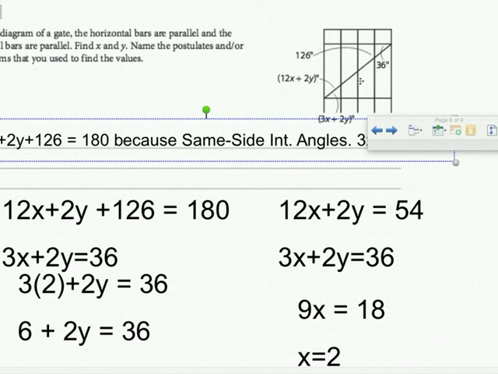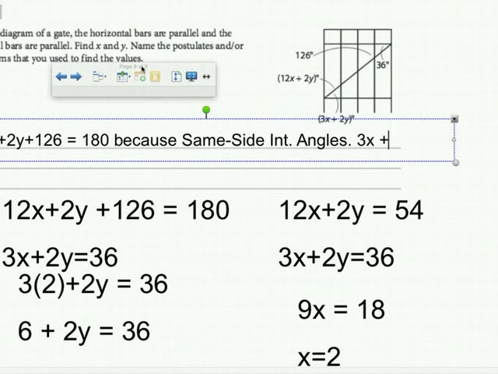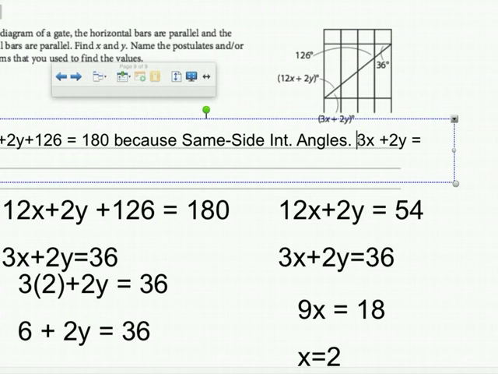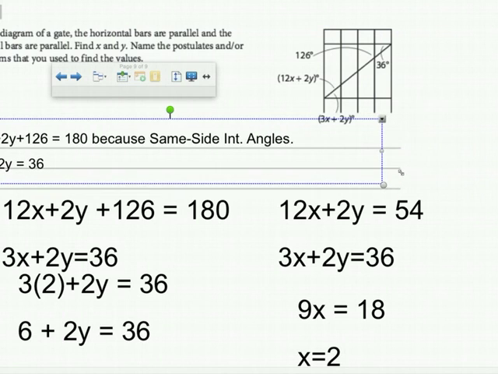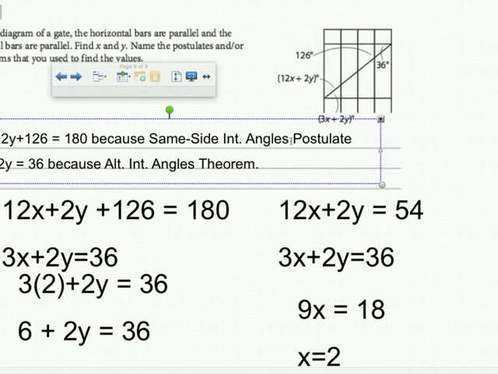We knew that 3x plus 2y equaled 36 because of alternate interior angles. And let me go back up here and say this was the postulate. This is a theorem. Therefore, x equaled 2 and y equals 15.